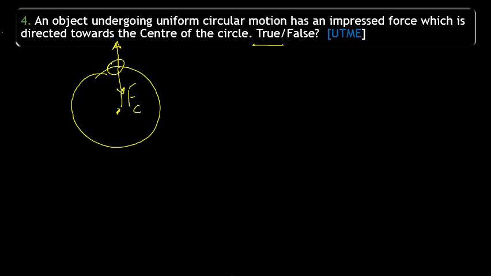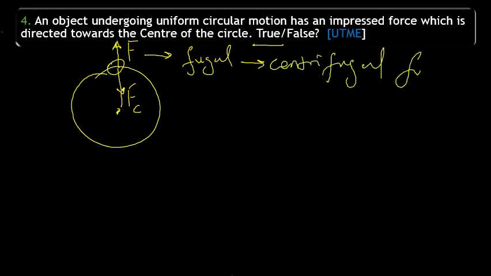So you must have centrifugal force, which is equal but opposite to the centripetal force. So the inward force is called centripetal force, whereas the outward force, which is equal and opposite to the centripetal force, is centrifugal force. So the option is correct, true.